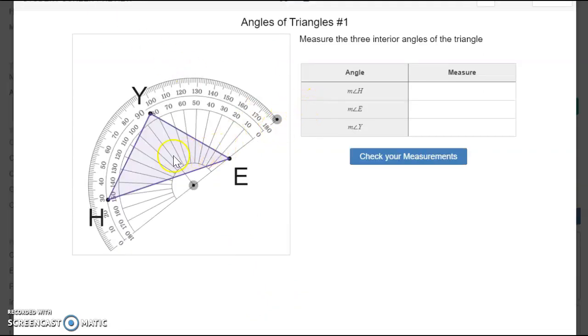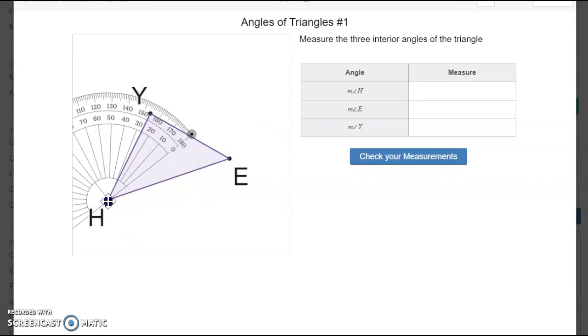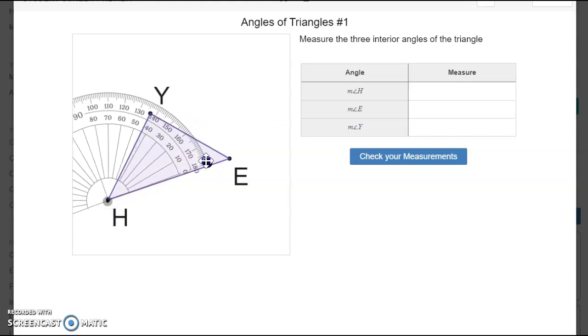Here we go. We have a triangle now. You know how to measure angles like this, so you need to measure each of the vertex angles. When you're talking about the measure of angle H, where is H? The vertex H is there. So we're looking for this angle measure here. To do that, I am going to move my protractor to match up to the center, like so. I need to line up the bottom of the protractor with the line perfectly. And remember, I'm always going to be measuring up, never down.